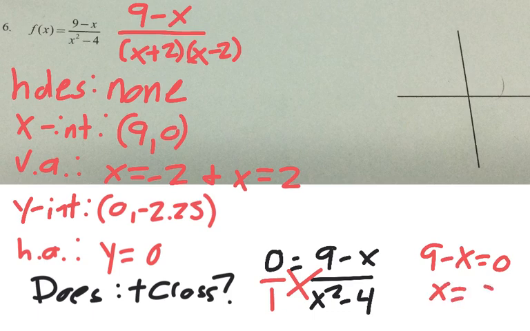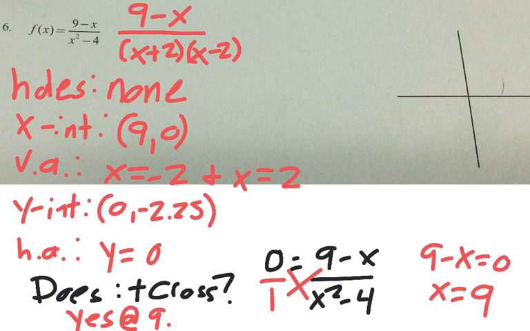So at x equals 9, we cross the horizontal asymptote. Which again makes sense if you put it all together, because the horizontal asymptote this time is the x-axis. And do we ever cross the x-axis? Yes, at 9. That's the x-intercept. So again, it's all kind of fitting together, so it makes sense.